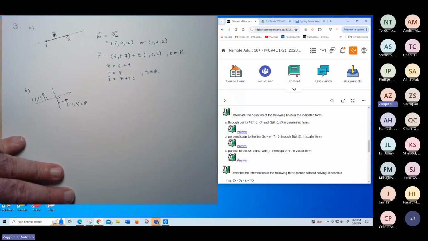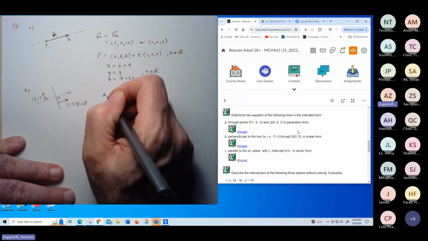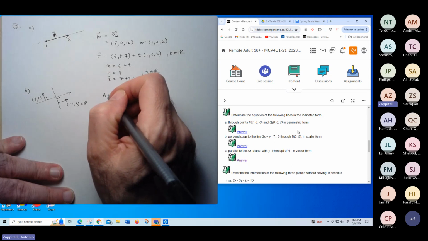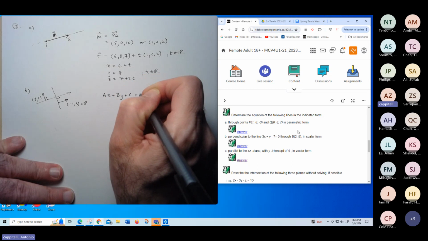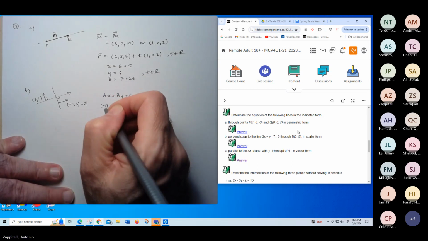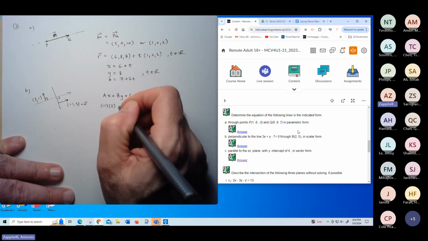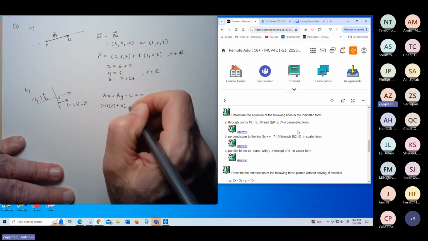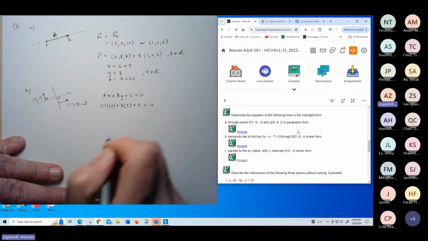So now, if this becomes my normal vector for my new line, and it passes through the point 2, 5, well, I can just put everything into my scalar equation of a line, ax plus by plus c equals 0, and now replace what I know. A is negative 1. The point that it passes through is 2, 5, so x is 2, b is 3, y is 5, and the only thing I have to do is solve for the c value.